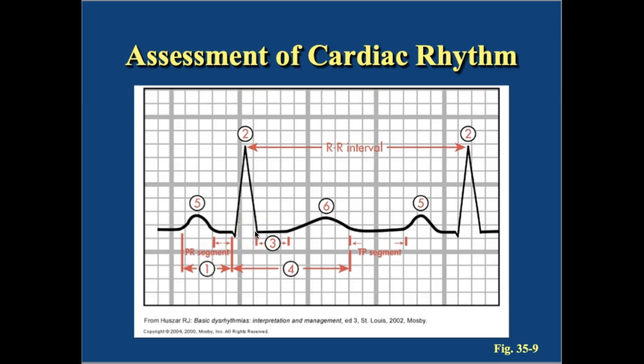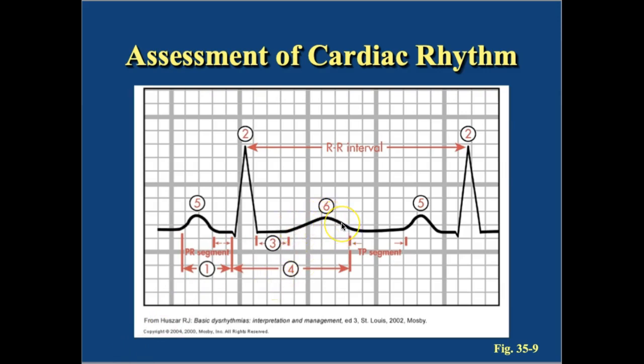If it's greater than 0.12, if it's widened, you can have a disturbance in conduction in the bundle branches or in the ventricles, because remember, this is when the ventricles contract. So if they're taking a little too long to depolarize and contract, then there's some kind of block down in there in the ventricles.